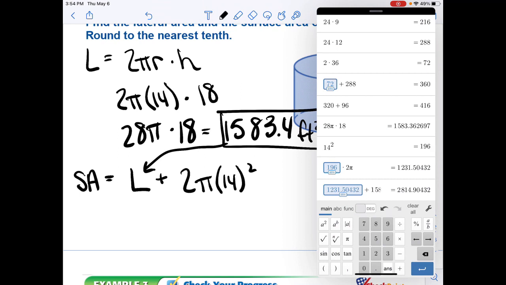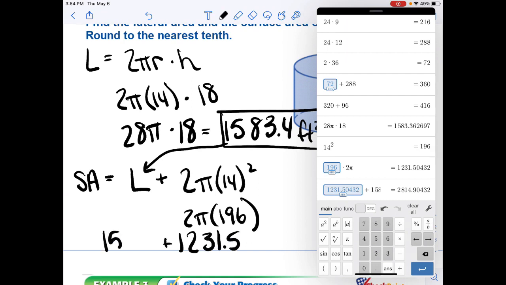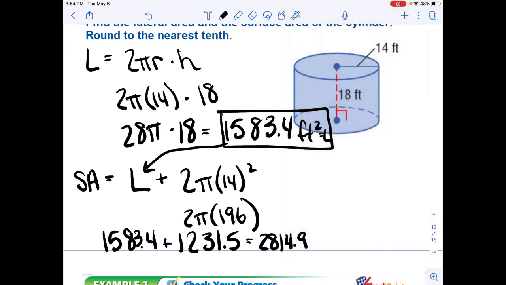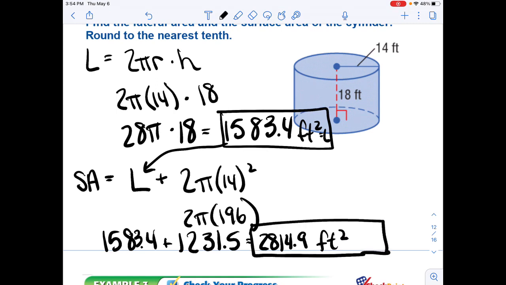I need to take 14 squared first, and then multiply that by 2 pi, and I get 1,231.5, and then I can add my lateral area to that, and I get 2,814.9 square feet for my total surface area.